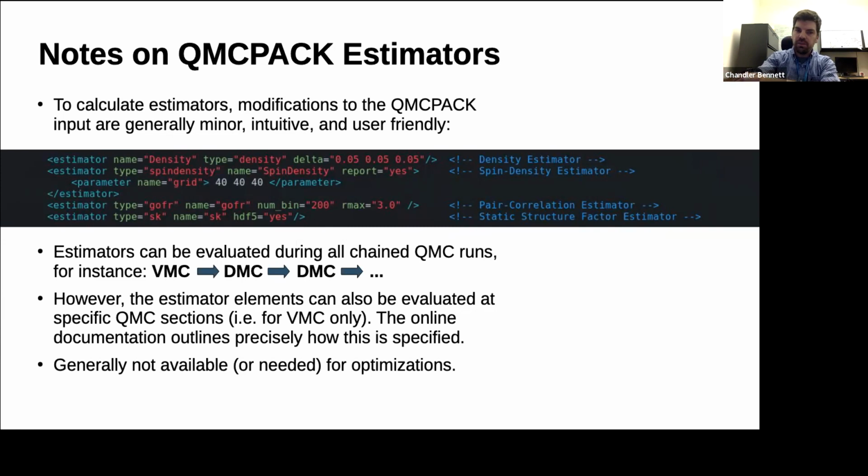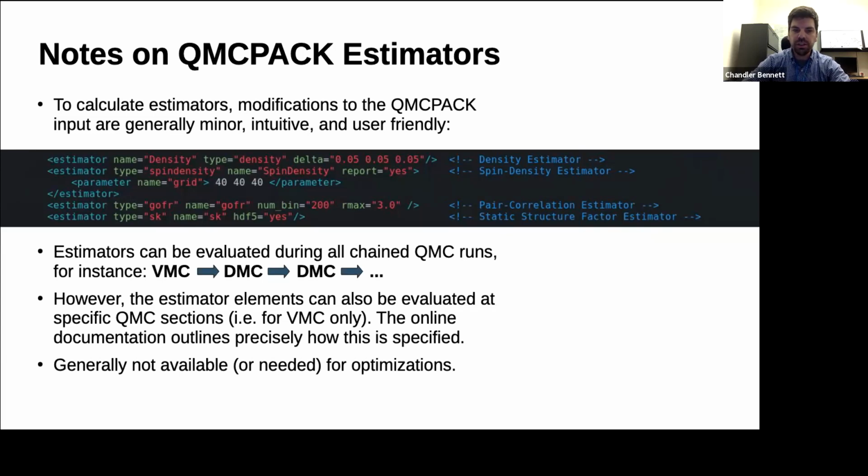But it doesn't have to be run that way. We can also specify things such that only specific QMC sections evaluate the estimator, for instance, only the VMC. The online documentation outlines precisely how this latter case can be specified.